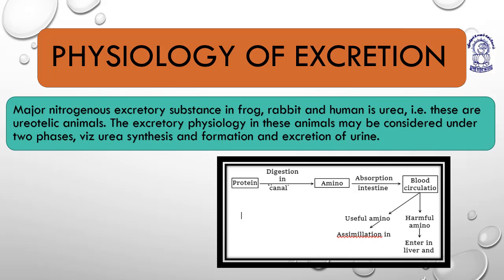Urine formation occurs mainly in three steps. One is glomerular filtration, the first step of urine formation.